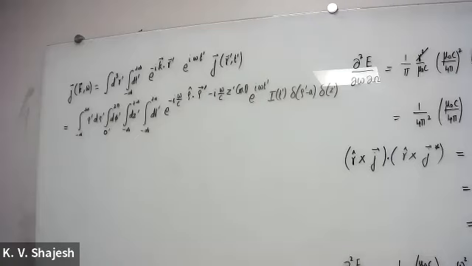Is that an easier way of doing this? Yeah, I think so. And this z prime cosine theta is from your r hat dot r.